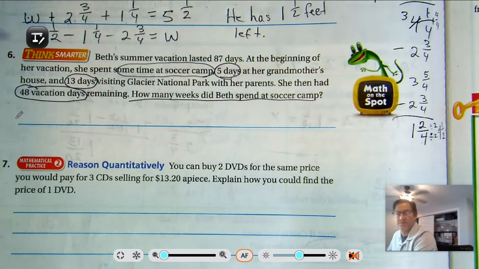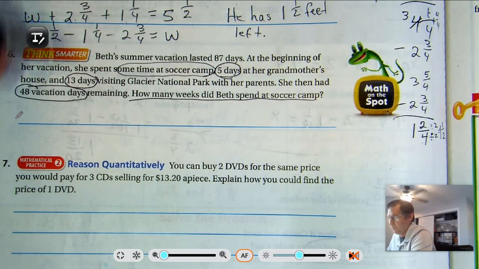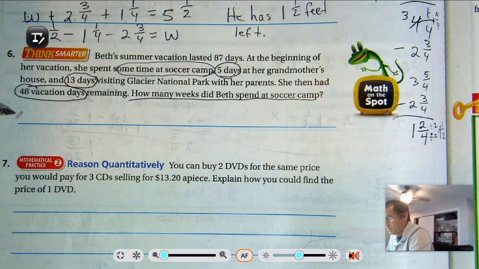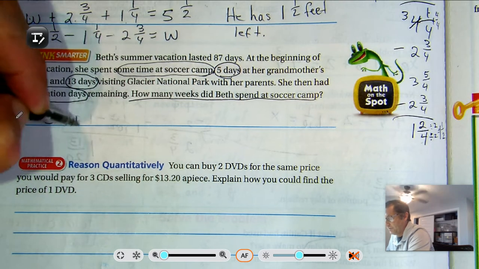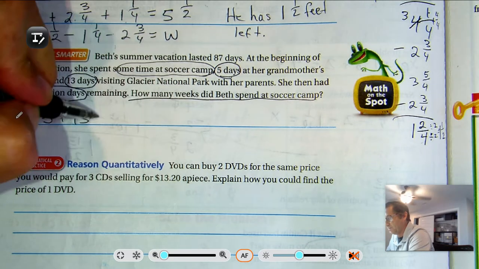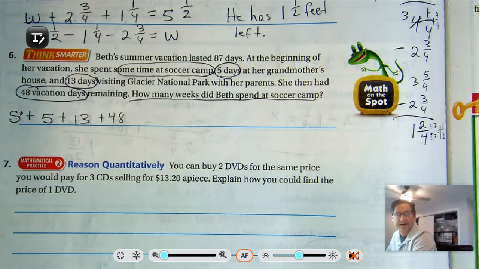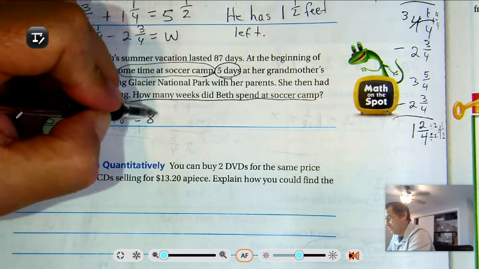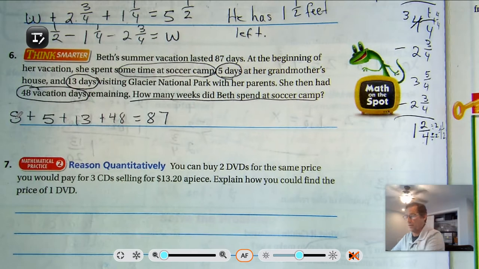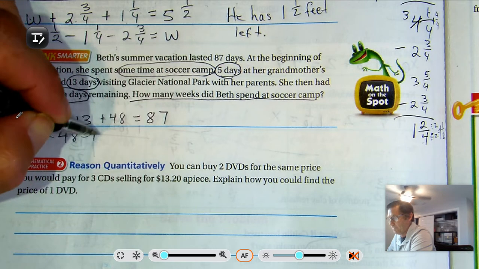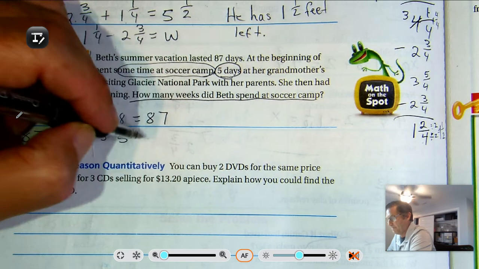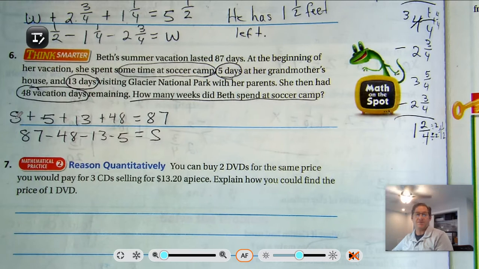How many weeks did Beth spend at soccer camp? Okay, well, if we take the soccer camp time and add the 5 days at her grandmother's and the 13 days at Glacier National, plus her remaining vacation days, it has to add up to 87. So let's work backwards. 87 minus 48 minus 13 minus 5 gives us the time she spent at camp.